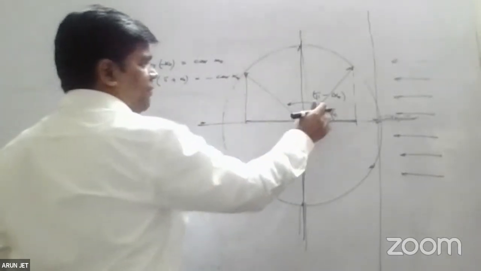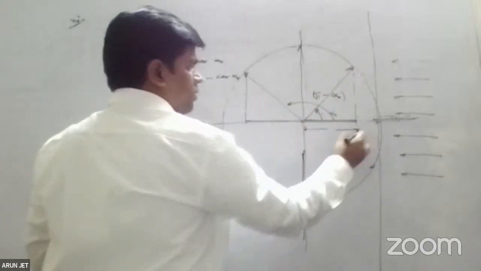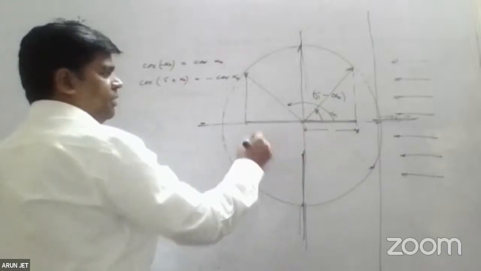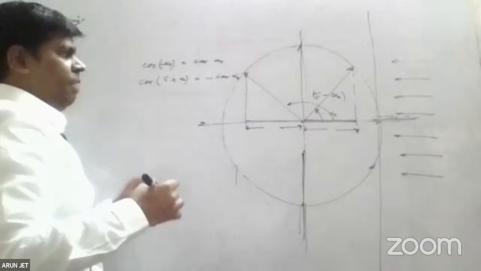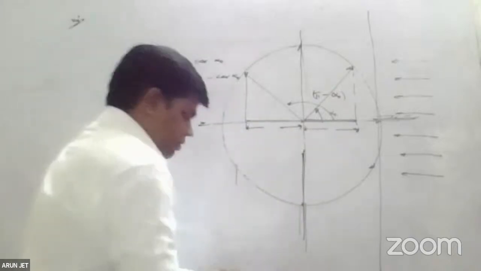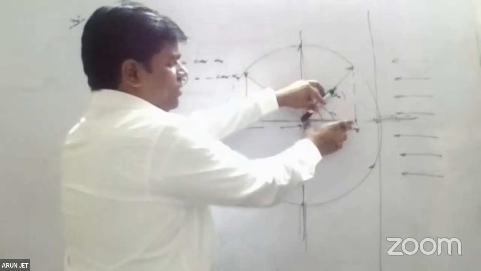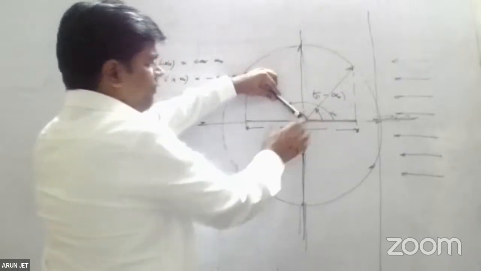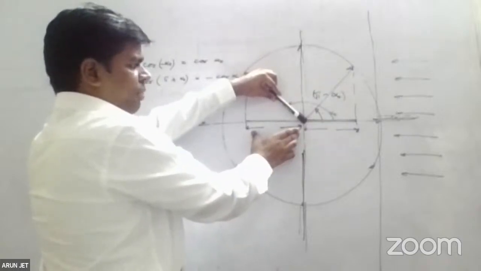Now this is cos of alpha, and this is cos of 90 minus alpha. Why? Because my radius is this way. When the radius is this way, this is cos alpha. When radius is this way, this is cos of pi minus alpha, or 180 degrees minus alpha.